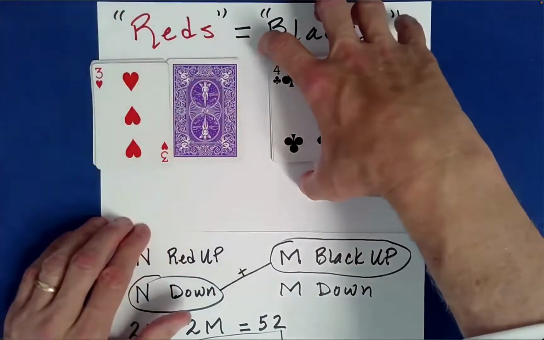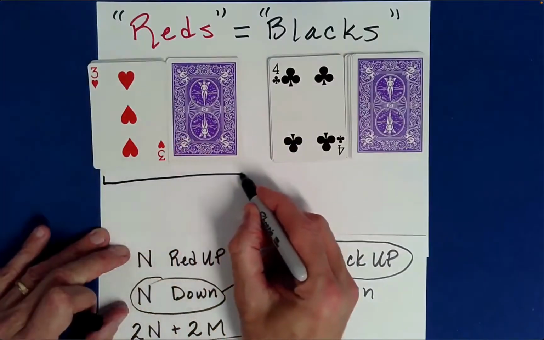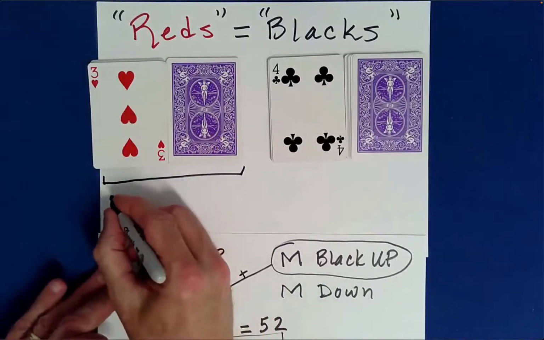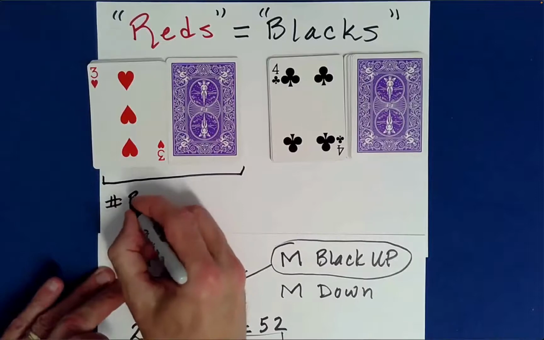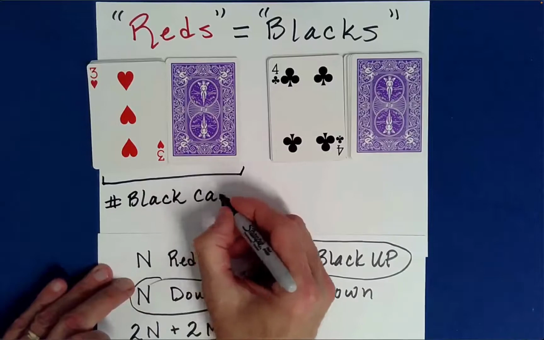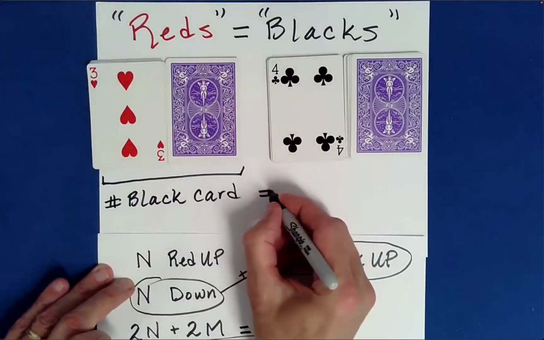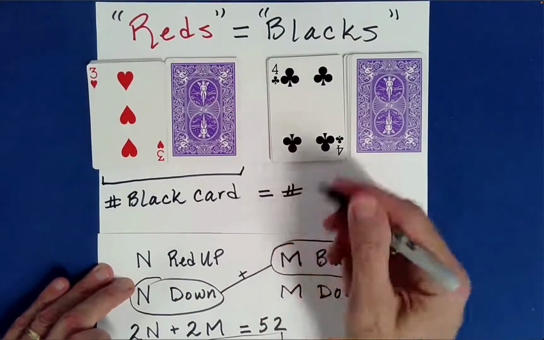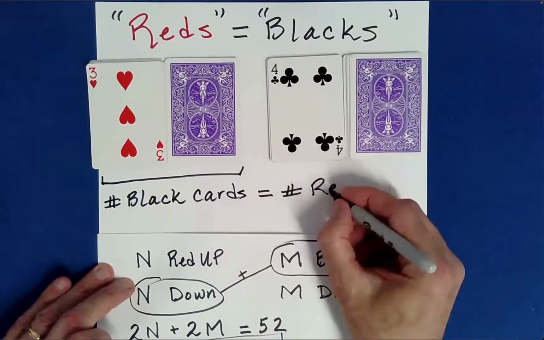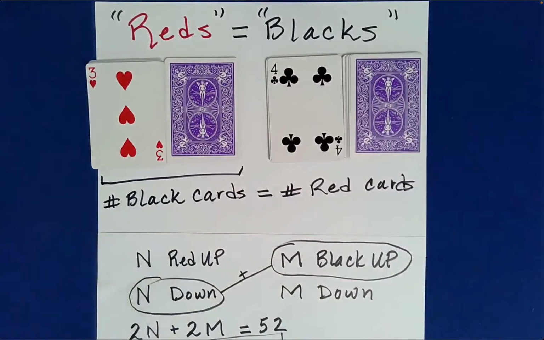Okay? Well, what do we know? So we know that the number of black cards here, this is like 26 cards, must be equal to the number of red cards for this second half of the deck. Okay?